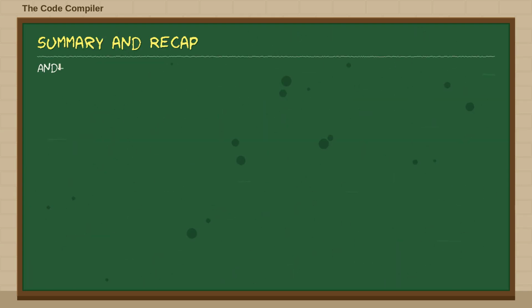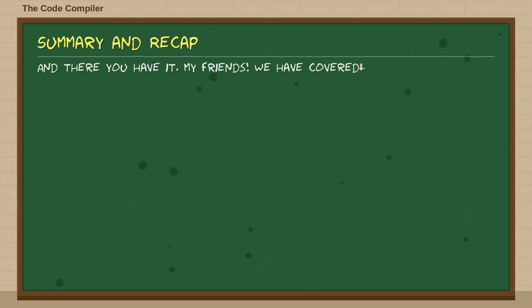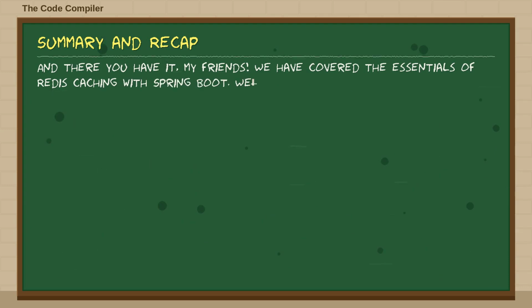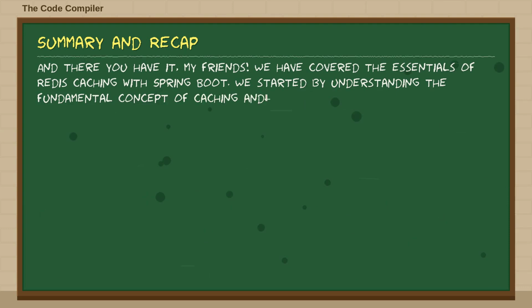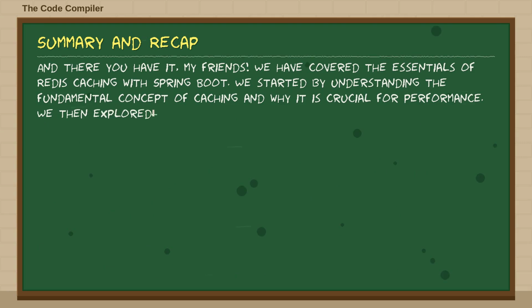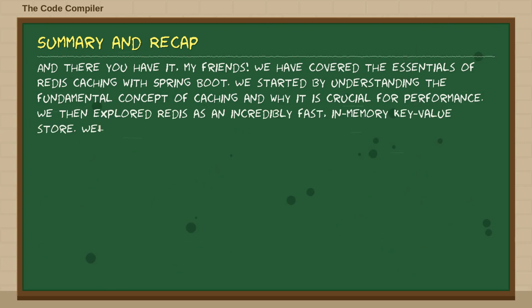And there you have it, my friends. We have covered the essentials of Redis caching with Spring Boot. We started by understanding the fundamental concept of caching and why it is crucial for performance. We then explored Redis as an incredibly fast, in-memory key-value store.